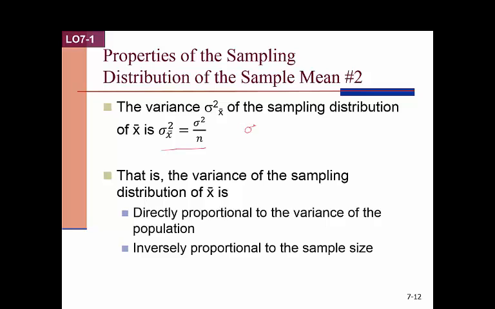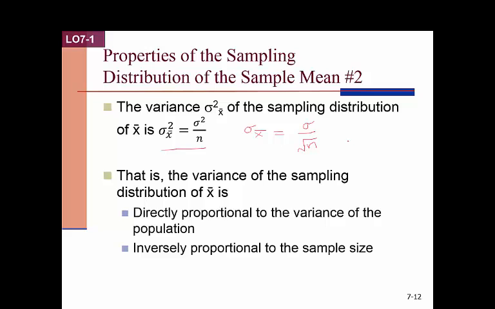So this is to say that the standard deviation of your x bar is going to be equal to the standard deviation of all your data points divided by square root of n. Right, I just took the square root of both sides.